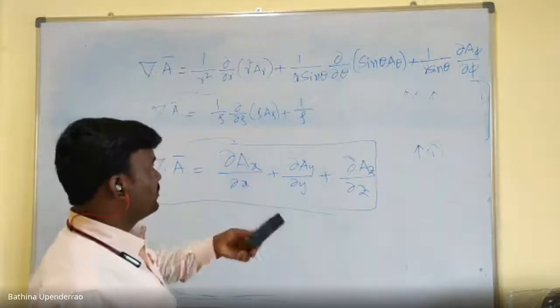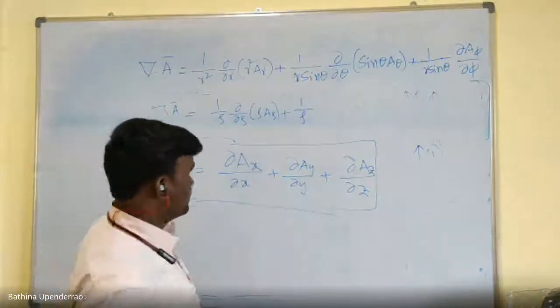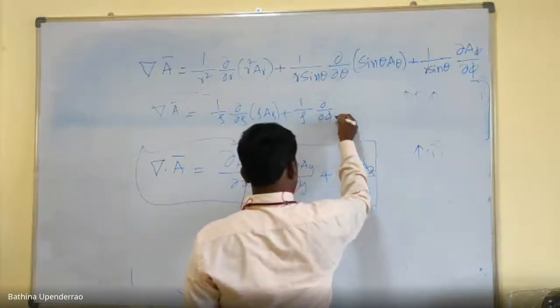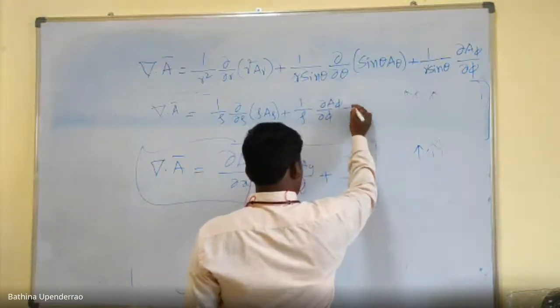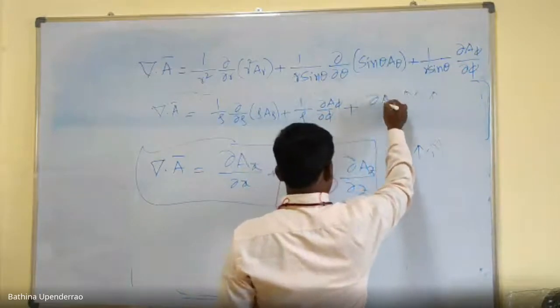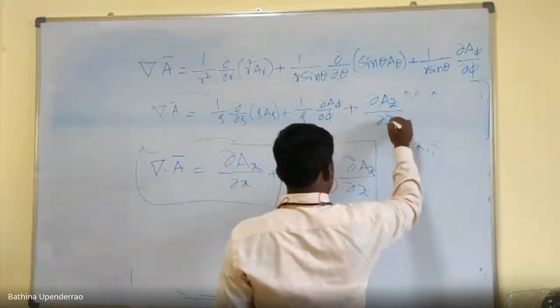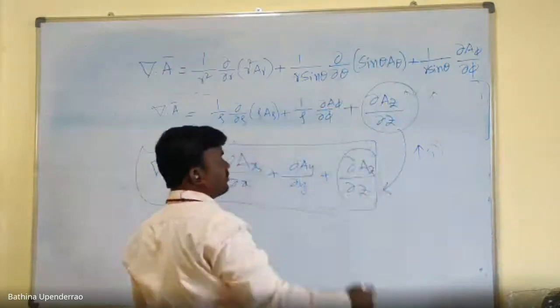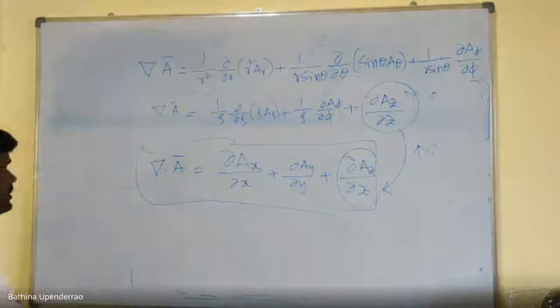For d rho it is 1, for the last one dz it is 1, so 1 into 1 is 1 only. So you can write here dou by dou phi of A phi, plus dou A z by dou z. You can observe that in Cartesian and cylindrical coordinate systems, the z component is the same.